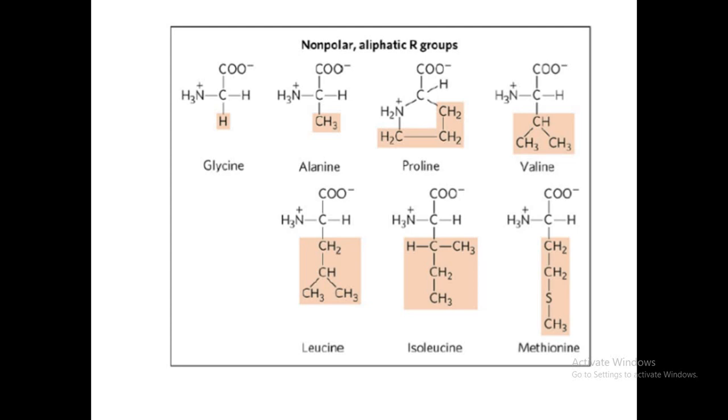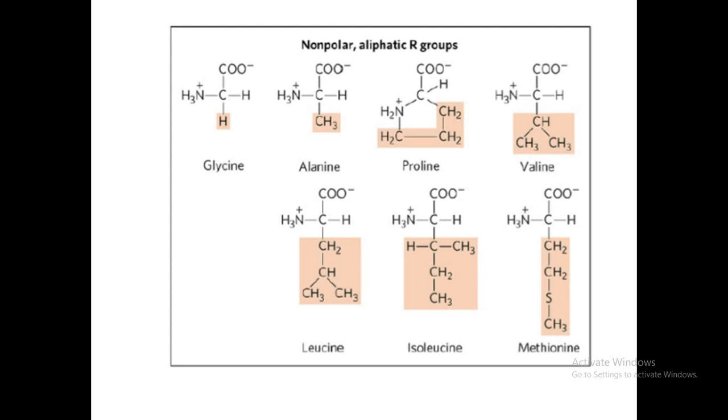These are hydrophobic amino acids, so they cannot make a bond with water. They will be repelled by water, and they will move towards the inside of a polypeptide, meaning the protein.